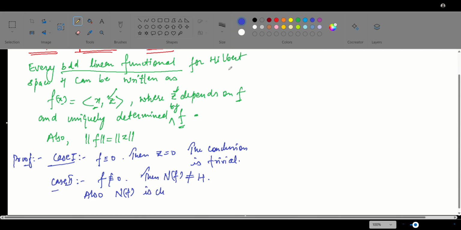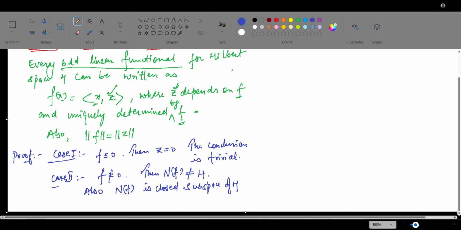Yes, always a closed subspace of H, the Hilbert space. So we can write that the null space of f is not equal to the singleton 0, right? So N of f is not equal to 0.